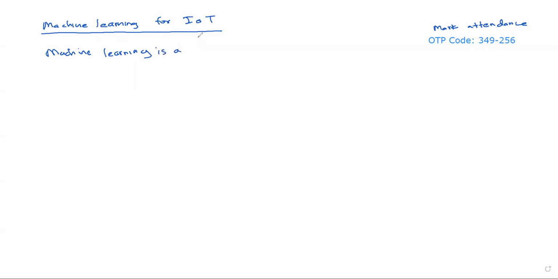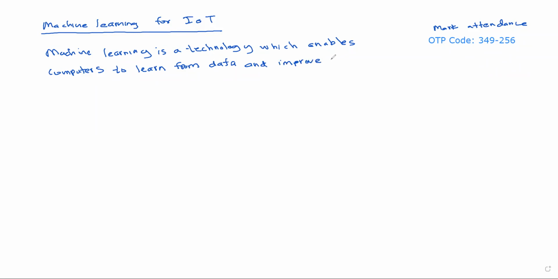It is a technology which enables computers to learn from data and improve performance accuracy over time.